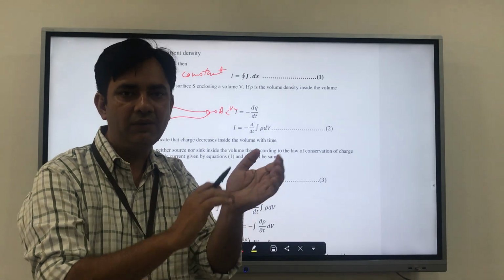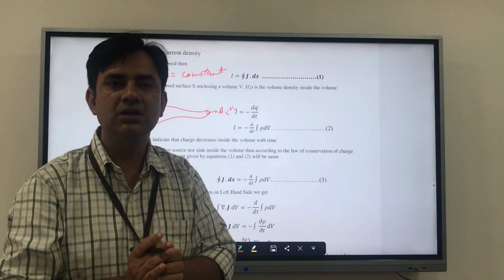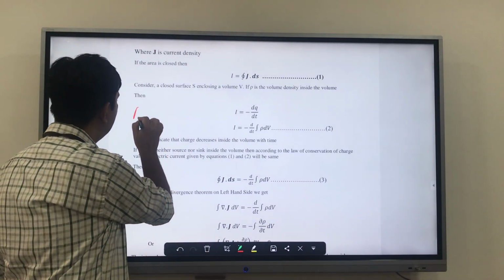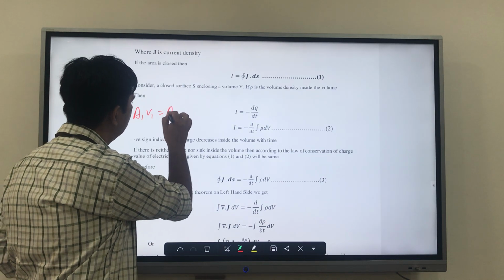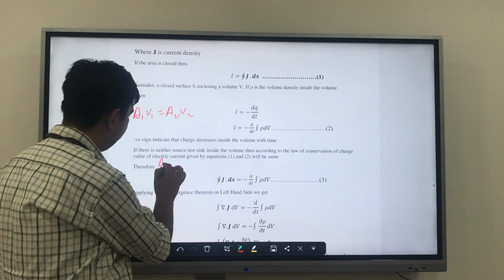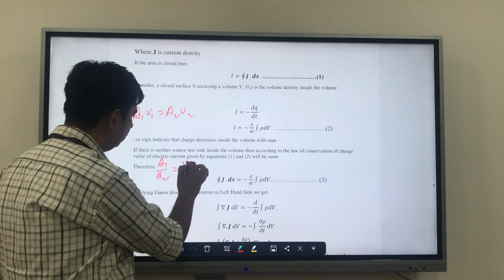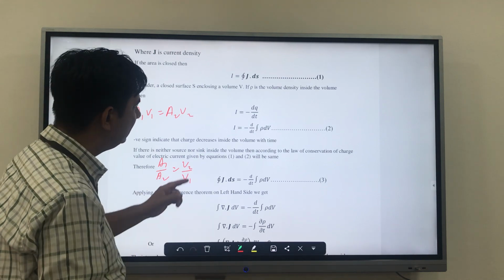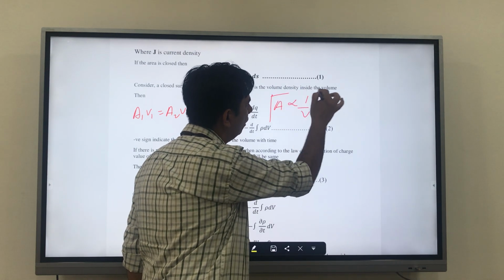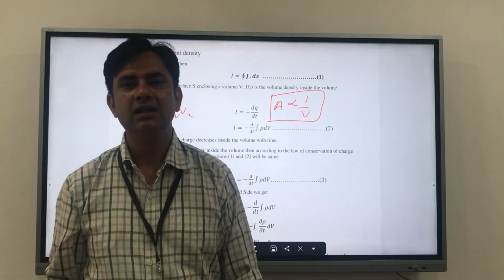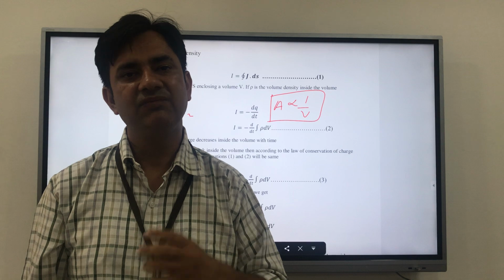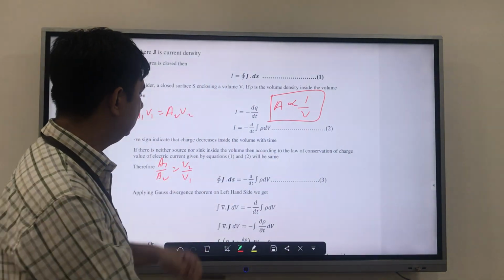The cross-sectional area gets minimized and the velocity increases. So from this equation, A1 V1 is equal to A2 V2, and clearly we can say that A1 upon A2 is equal to V2 upon V1, which says that area is inversely proportional to velocity. If you increase the area, then the velocity decreases, and if you decrease the area, then the velocity increases. So this is the phenomenon.